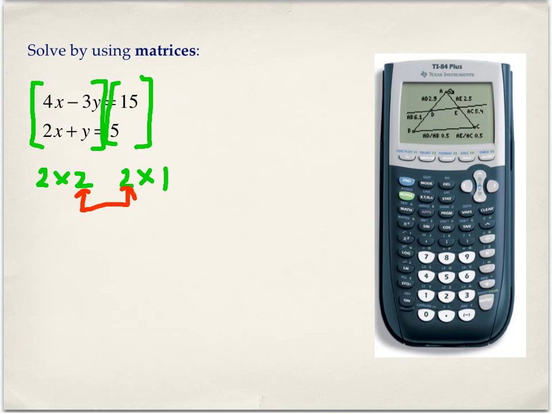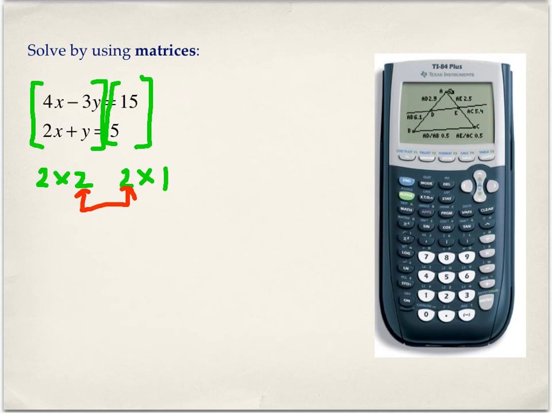So what I need to do on your calculator is go to your matrix, and where that is, the matrix key is right here. It's the second of that x to the negative 1 key. So if you press that, you get into the matrix mode.